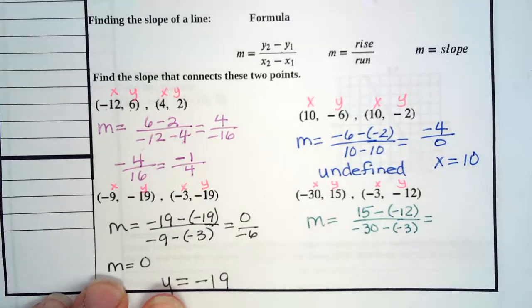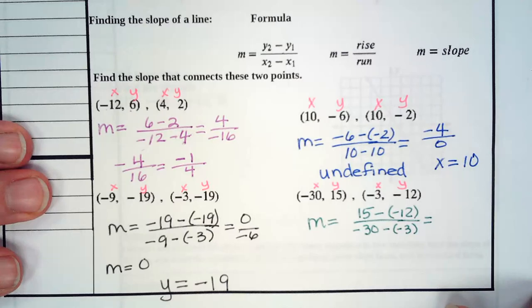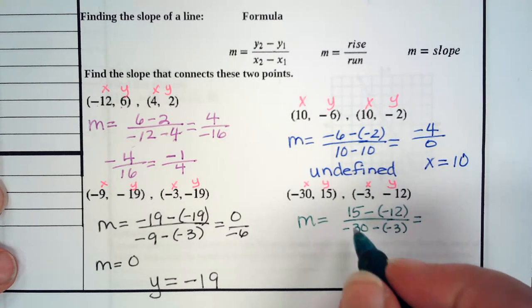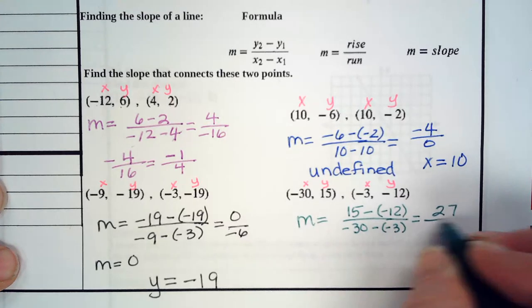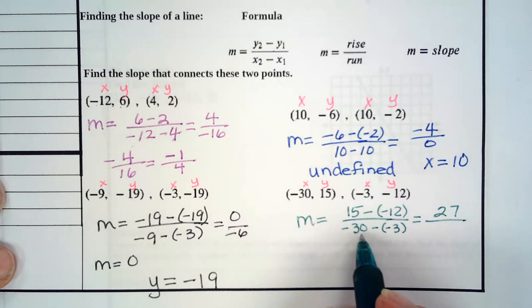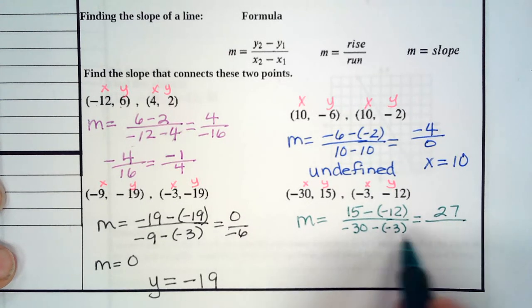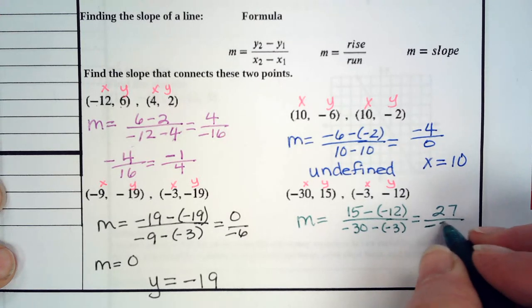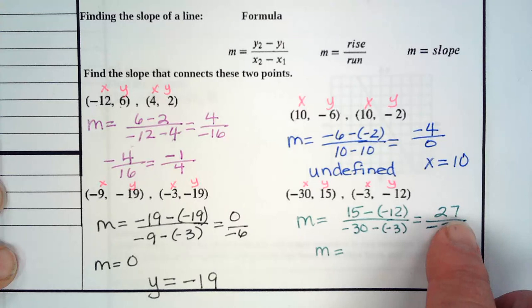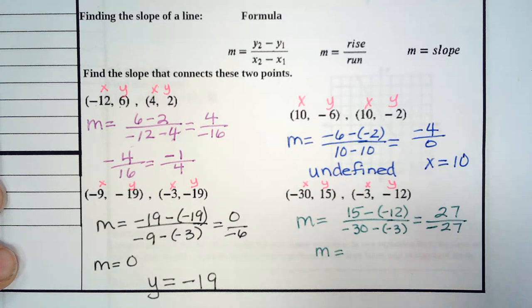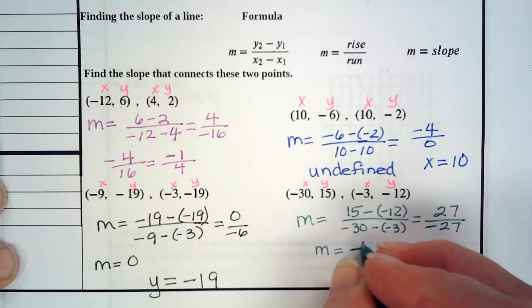Once again, we do not minus the negative, we plus the positive. 15 plus 12 is 27. Negative 30 plus 3 is negative 27. 27 divided by negative 27 is negative 1.